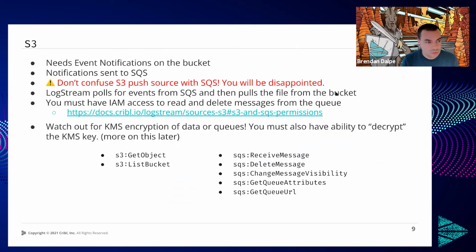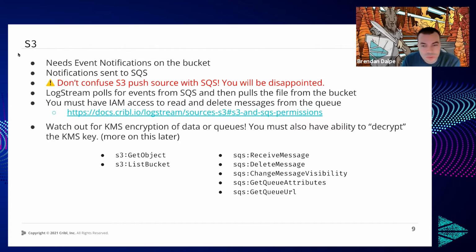So cool. Source setup. I'm not really going to walk through this in the UI. I'm going to talk more conceptually about this here. You can read the docs on docs.cribl.io if you want to see more about this. But just conceptually, here's how this is going to go. So S3. You're probably going to spend a lot of your time setting up S3 in terms of a push source.